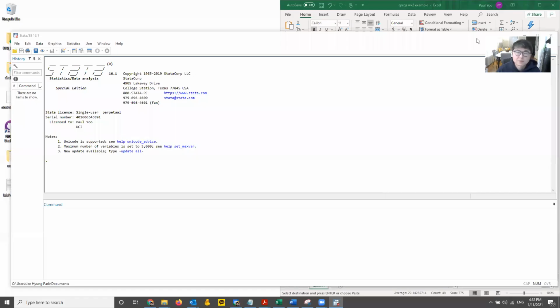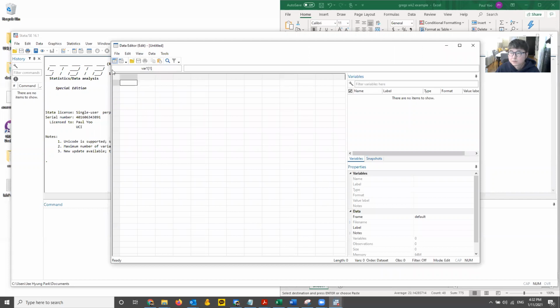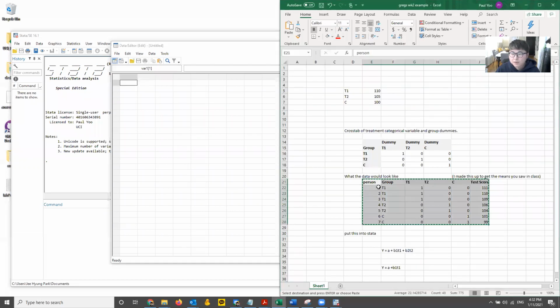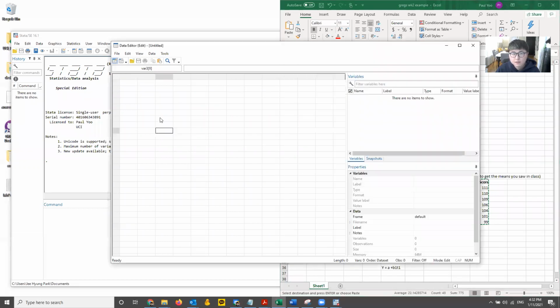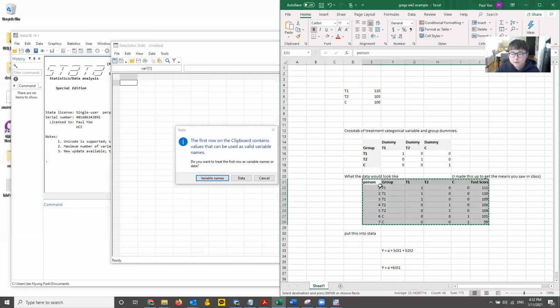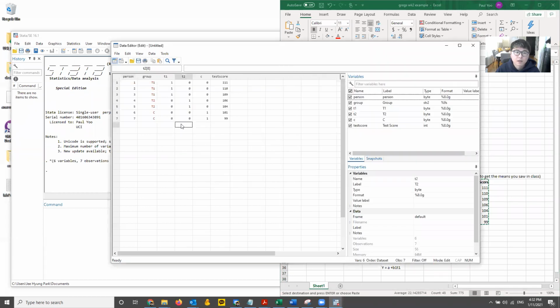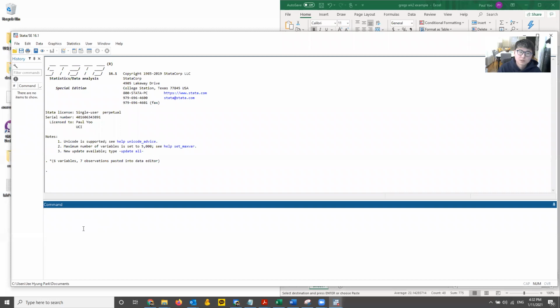Okay, so I just opened up STATA. I'm going to open up a data editor. It's basically the same as the data browser, except it allows you to put stuff in. So I'm going to copy this data set here, put it into STATA, and say that the very first row is the variable name and not the values of the data. Okay, and we can do some basic tests now.